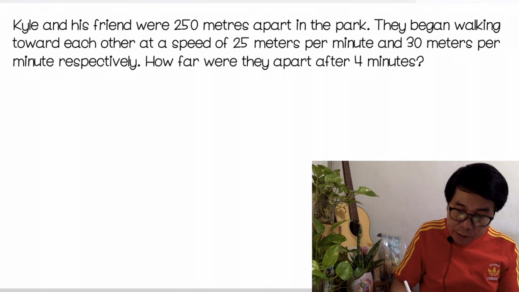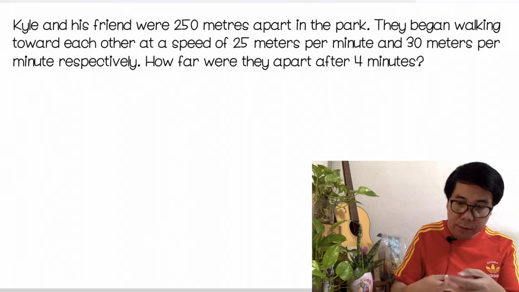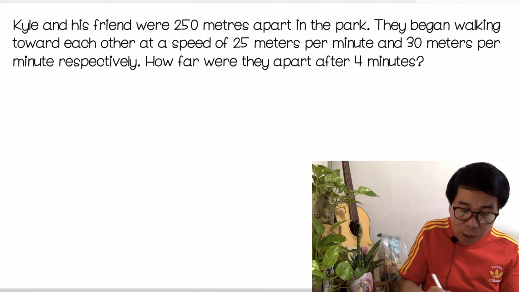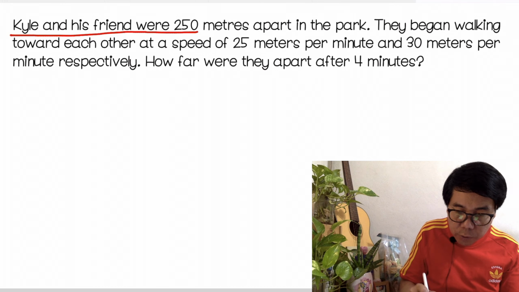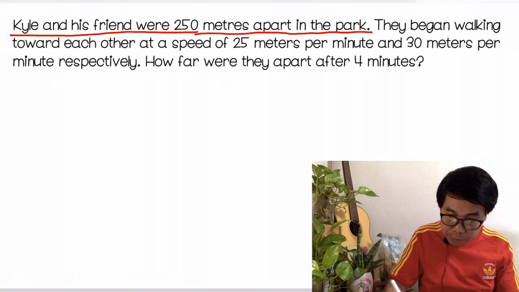Okay, the same thing as what we usually do. We're going to underline every statement so that we will clearly understand the problem. So that's how we analyze the problem. Kyle and his friend were 200 meters apart in the park. So let's draw the model for that.